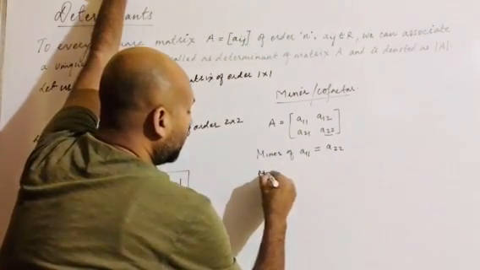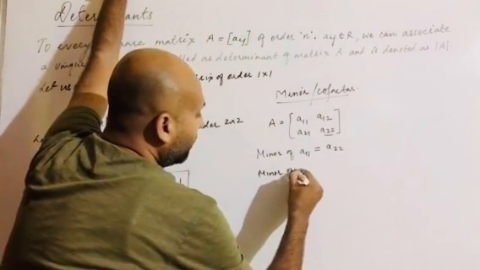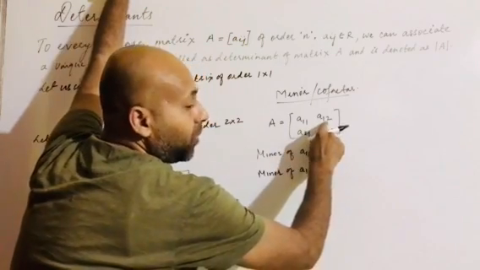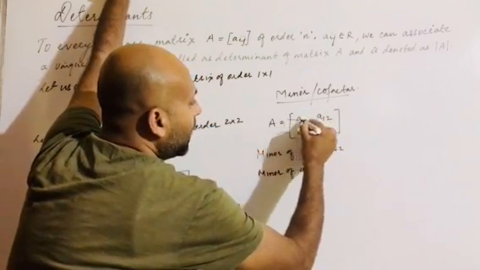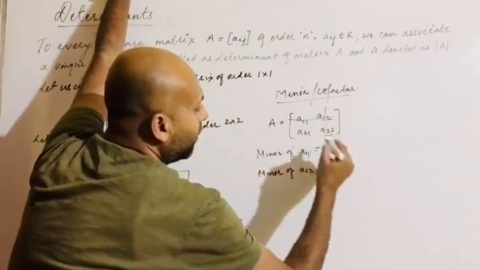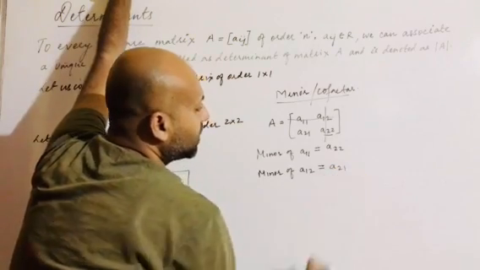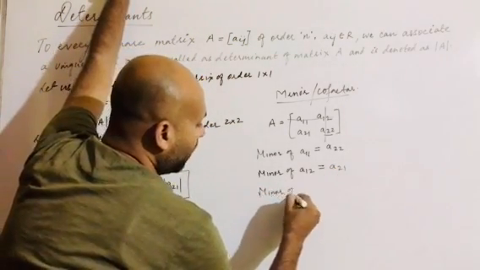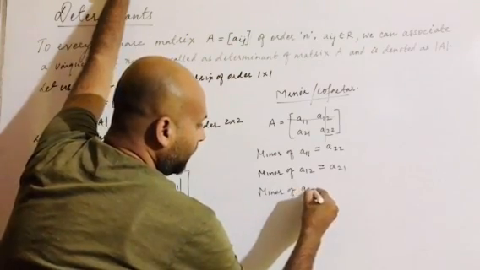Suppose I have to calculate the minor of A12. A12 is lying in this row and this column, so that will be omitted. What will be the minor of this? It will be A21. Suppose I have to calculate the minor of A21.